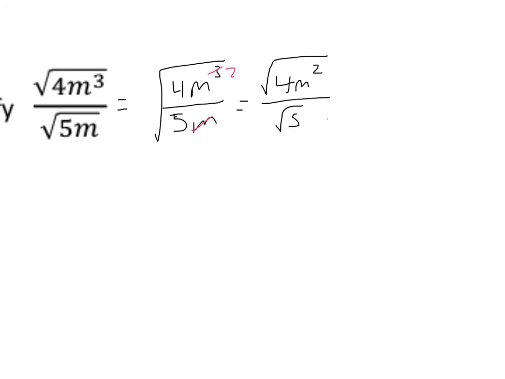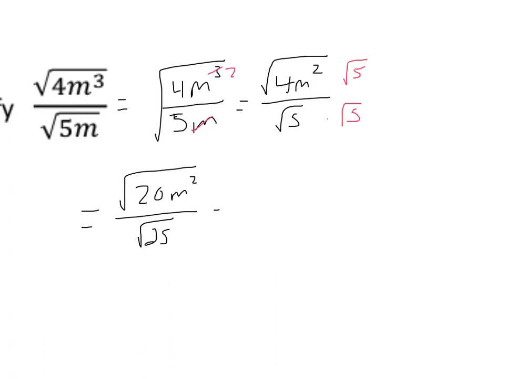The root 5 is the problem, so we multiply top and bottom by root 5. And that equals 20m squared in the root. On the bottom we have root 25, again on purpose because now I can root that number. On the top I have the number 20 and m squared, so I want to write that as prime factors.